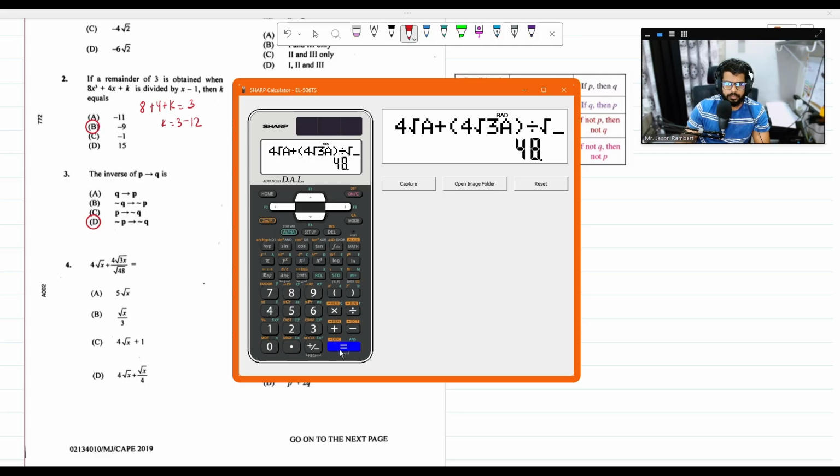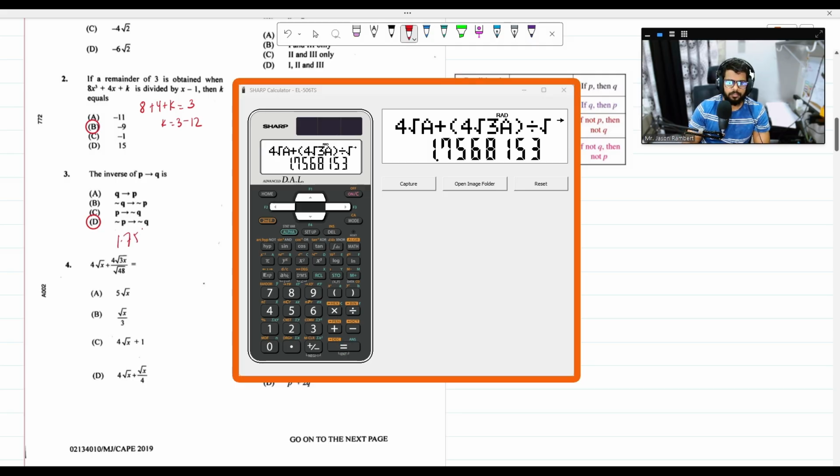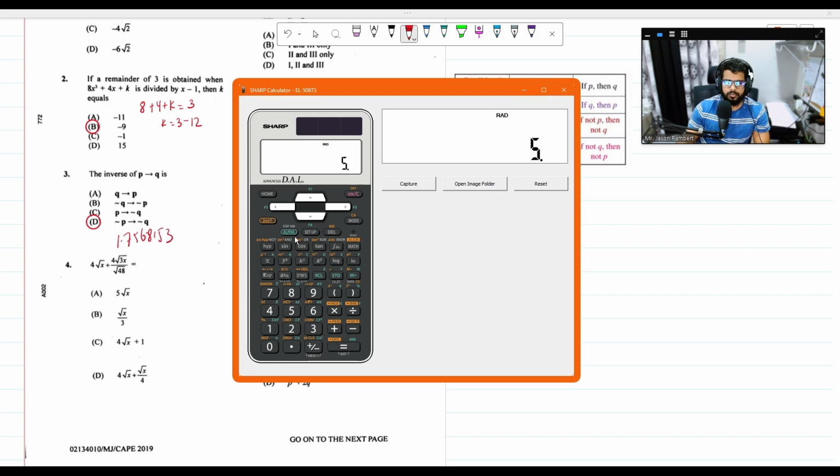Hopefully my calculator, nah. Yeah, the calculator should divide it first, right? 1.7568153. What is 5 root a? Okay, cool. That's easy.